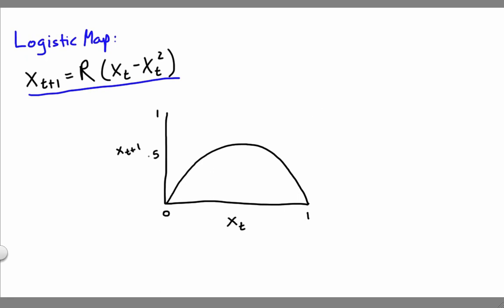Okay, so not a great drawing, but this is roughly what it looks like. It's a parabola, and it goes between 0 and 1 here, and for r equals 2, the maximum is 0.5.